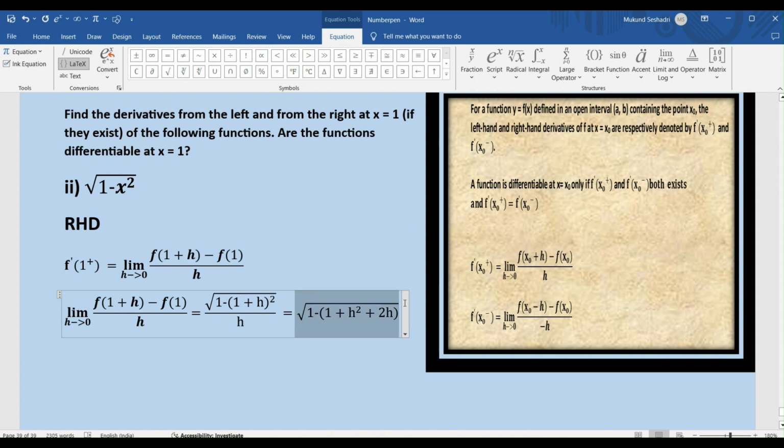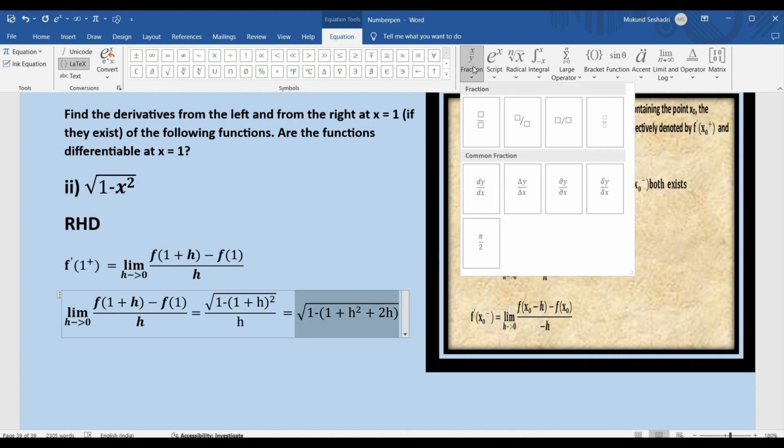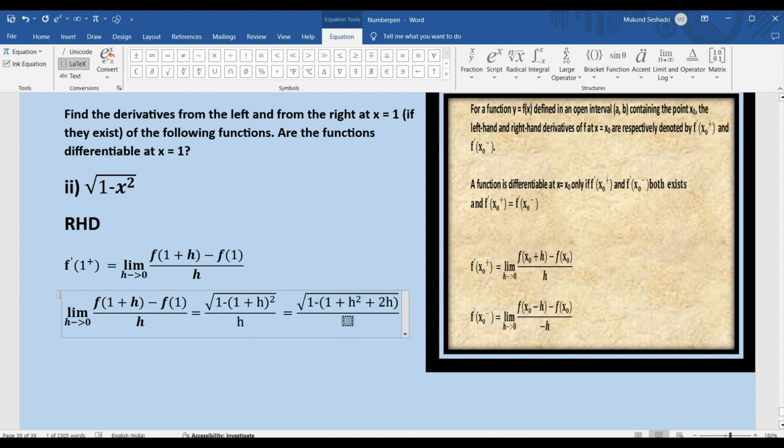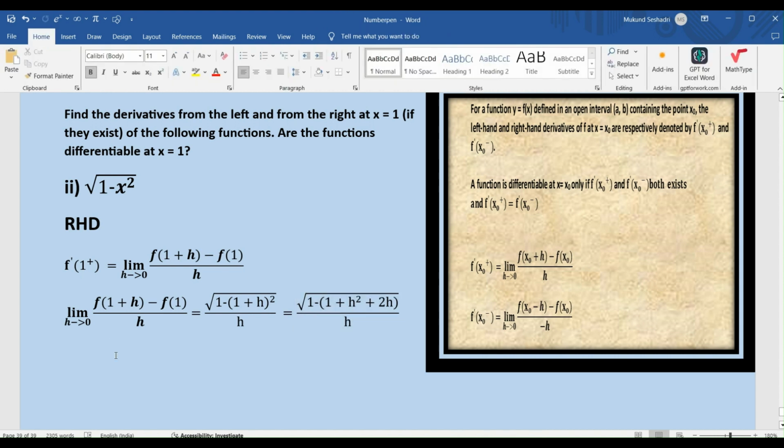That divided by h, right? I know that within the square root my 1 and 1 will get cancelled. So I think I can rewrite this particular expression in the next line.